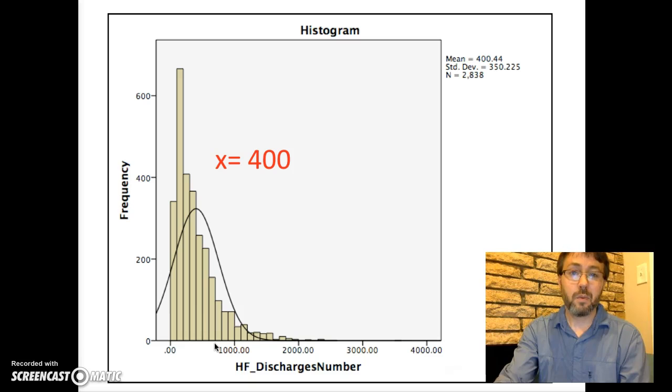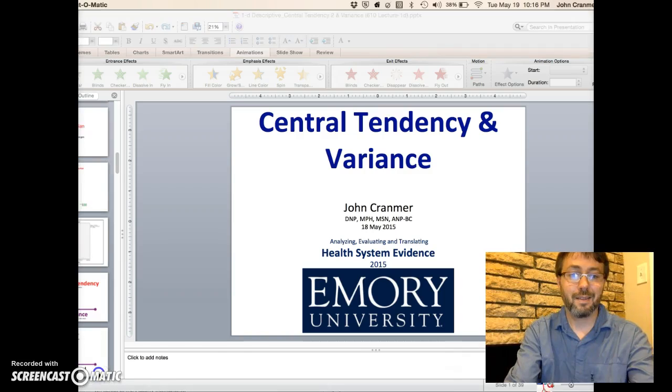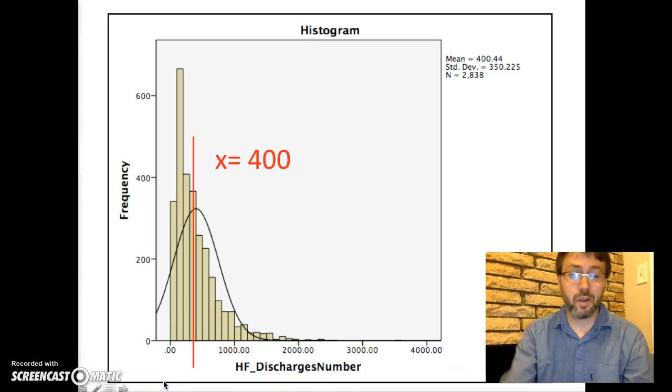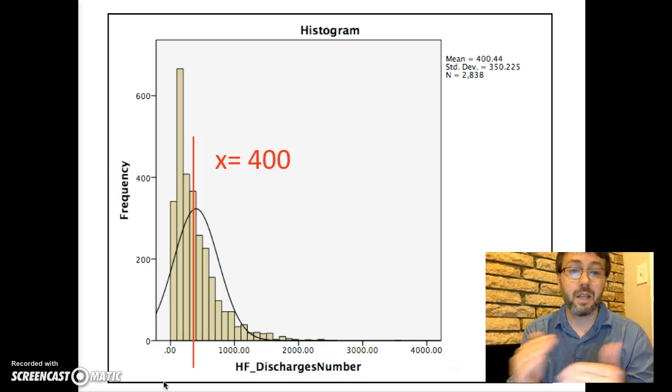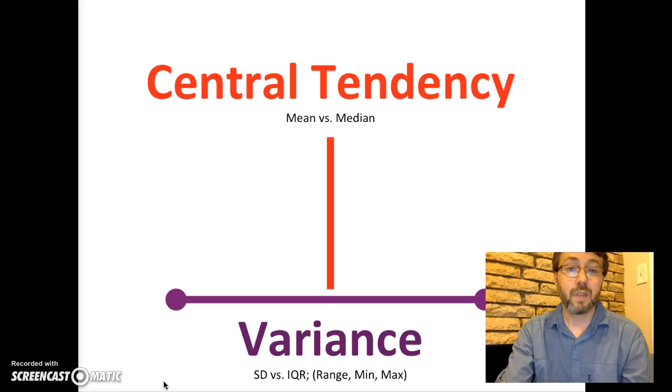Now when we look back at the histogram, we see that the mean was 400, and from our box plot we saw that the median was 300. So we see that there's a little bit of discrepancy between the median and the mean value for the average number of hospital discharges by facility.